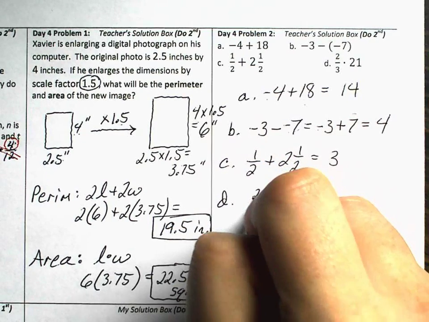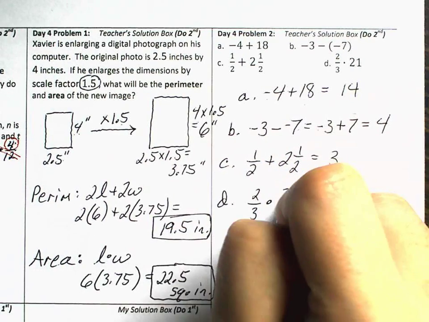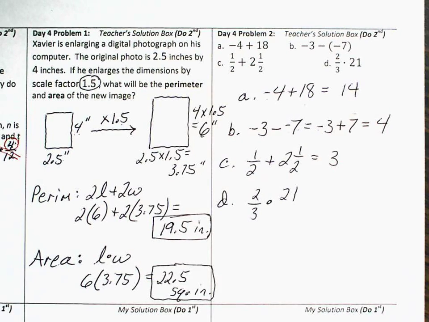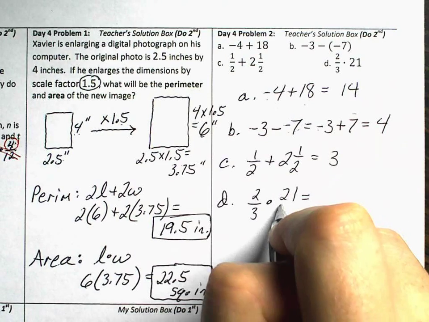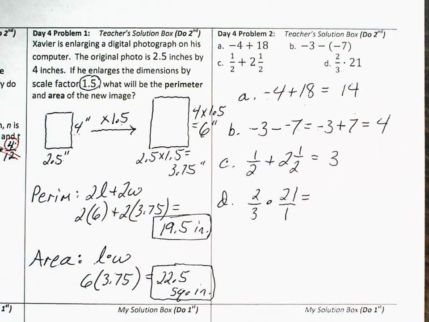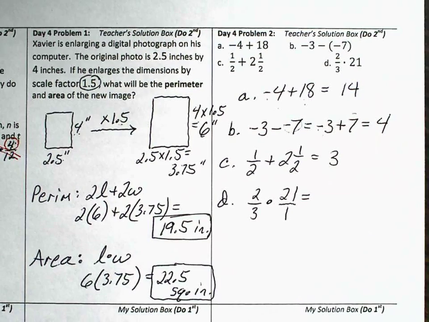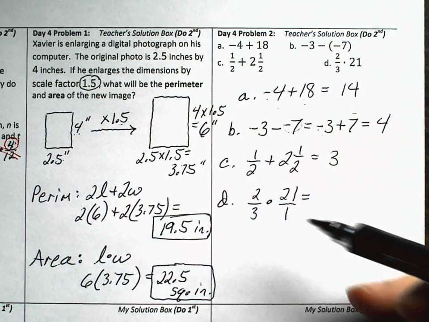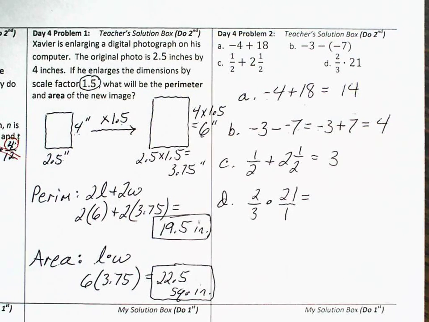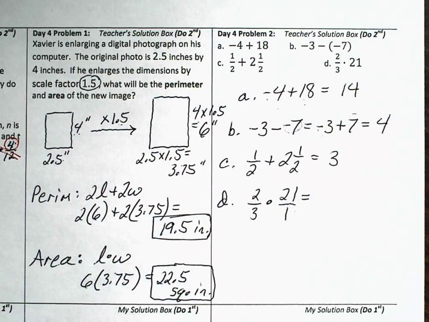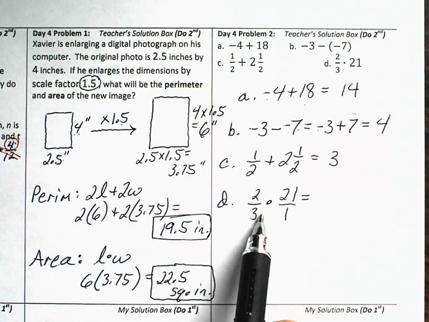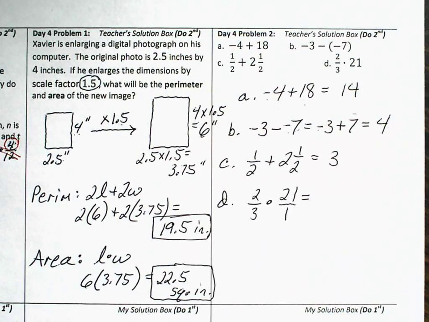Question D. What is 2/3 of 21? 2/3 times 21. If it helps, you can put a 1 under the 21. Any whole number can be changed to a ratio by putting a 1 in its denominator. That might help keep the tops lined up and keep the bottoms lined up. It's not necessary to do that, but it helps sometimes.